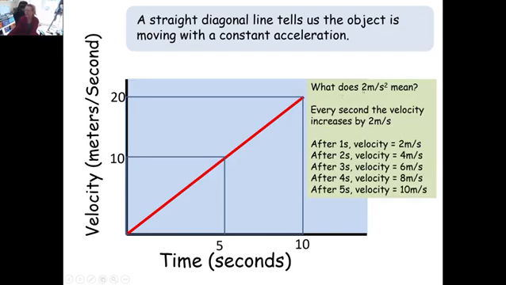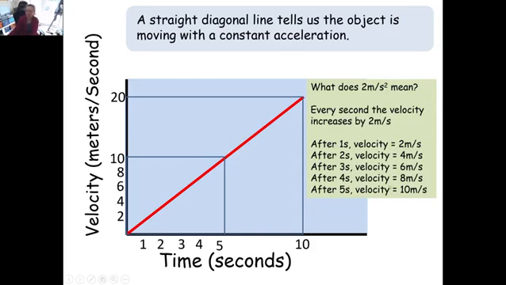But what do we actually mean by 2 meters per second squared? Let's see if we can break that down a little bit further. All that means is that every second the velocity is increasing by 2 meters per second. So there is an increase of 2 meters per second, and that's how you get this little squared value up here.